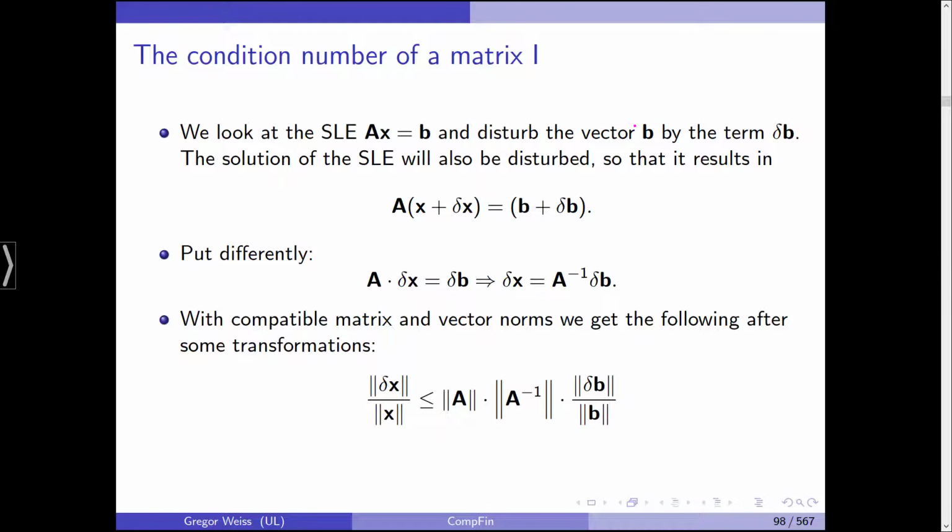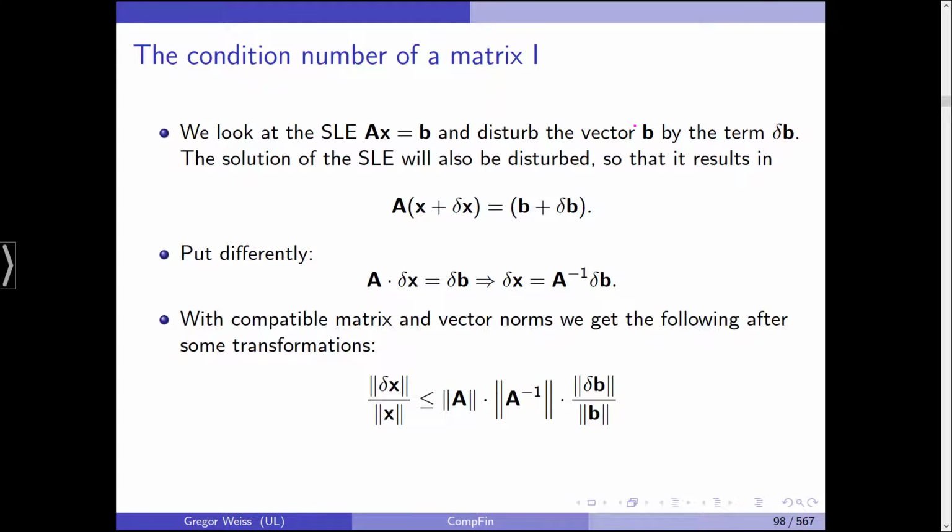Last, we look at the so-called condition number of a matrix. I already mentioned that the condition number, usually for an algorithm or for a mathematical problem, gives us an understanding of how errors in the input data are enlarged or decreased by the algorithm itself.